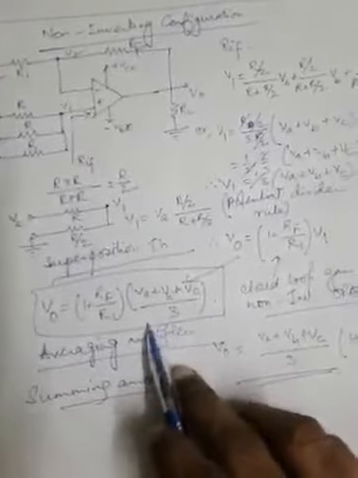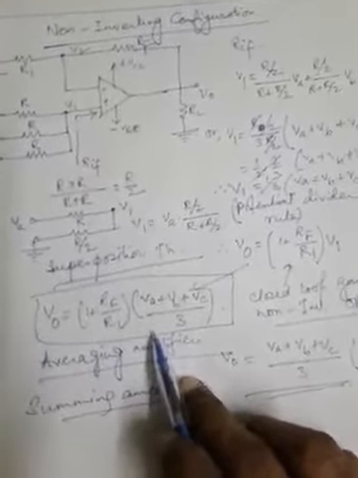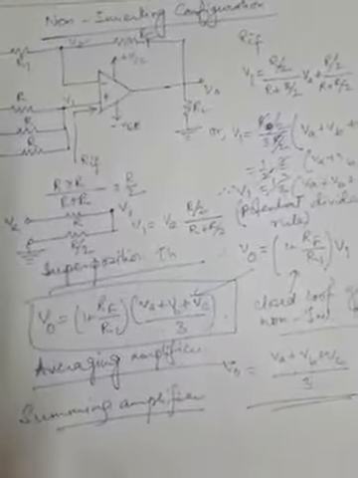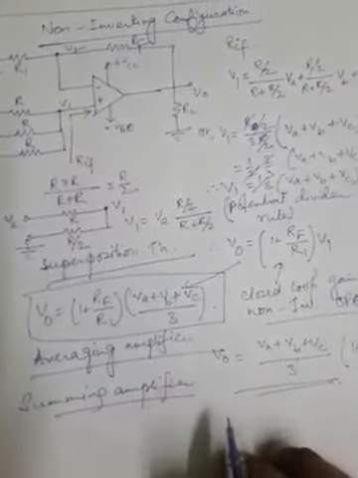If we refer once again to this output equation, it shows that if the gain 1 plus Rf by R1 is equal to the number of inputs, the output voltage becomes equal to the sum of all input voltages.